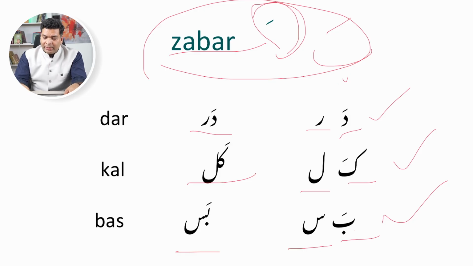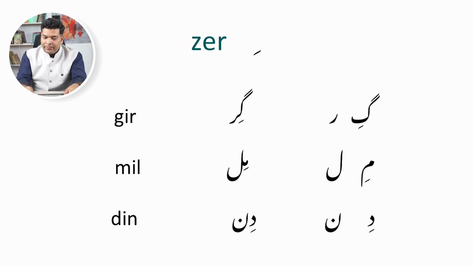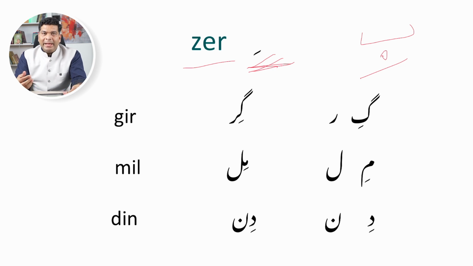Similarly, the next one is what we call zair. So if you see here, this is the symbol, and it appears below a letter. For example, we can say be and we can put zair to make bi. So it gives an i or e sound.